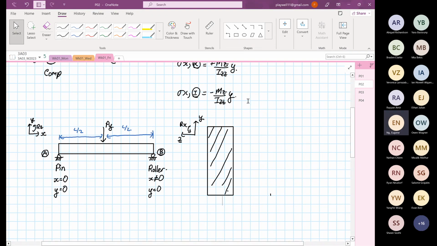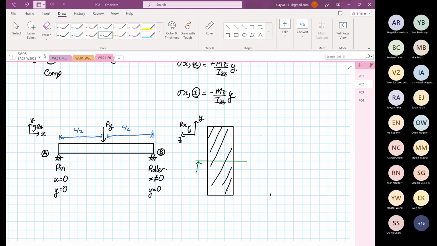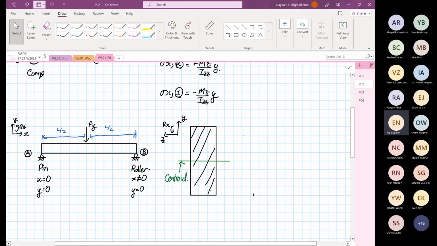And I'm going to draw a line. And this is our centroid. Again, I highlight the centroid is there because, by visualization, the top half and the bottom half, the areas are the same.